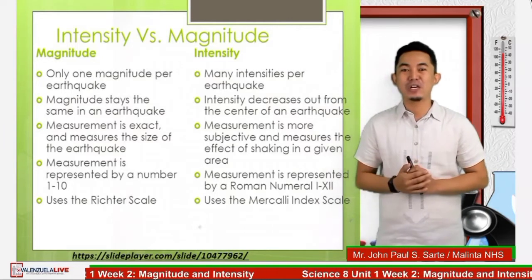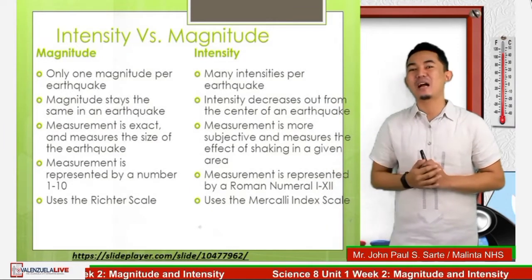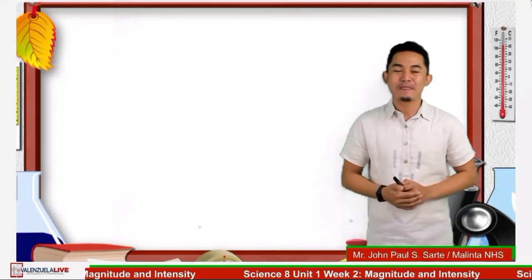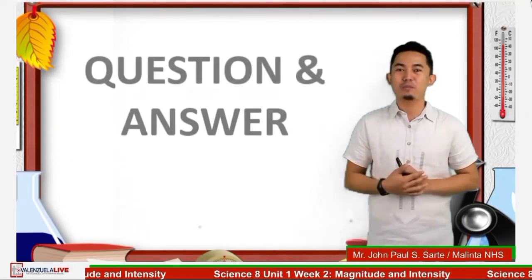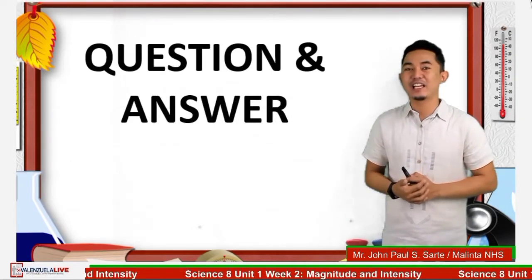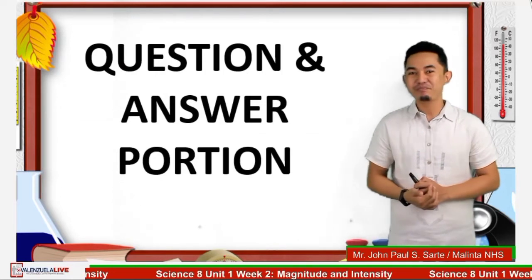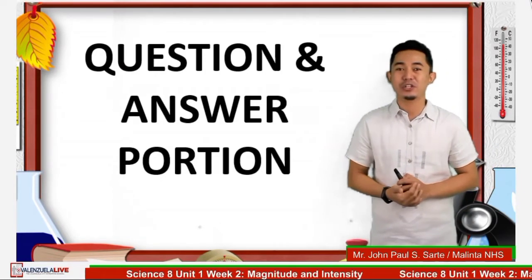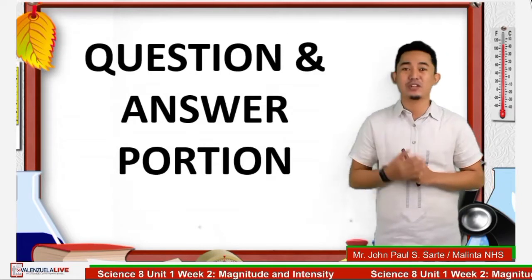So I hope you learned about the effects of magnitude and intensity. Now, we need to move forward to the question and answer portion. Are you ready for the question and answer portion? I have here 3 questions only.